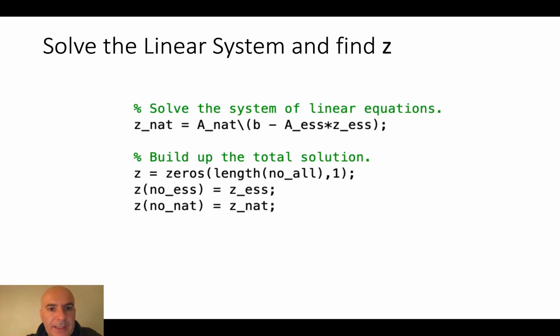As soon as we've done that, we have all the equations for the inner nodes and we fix the values for the outer boundary, we can calculate the values of our unknowns by simply calculating the linear system solution by using the backslash command in MATLAB.